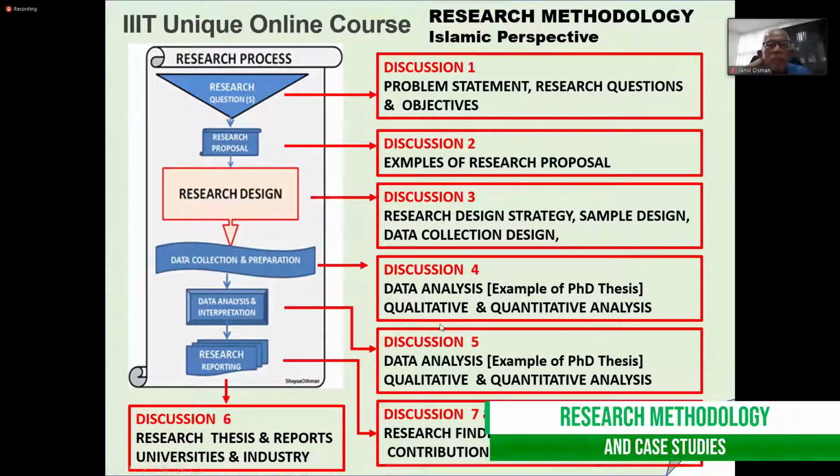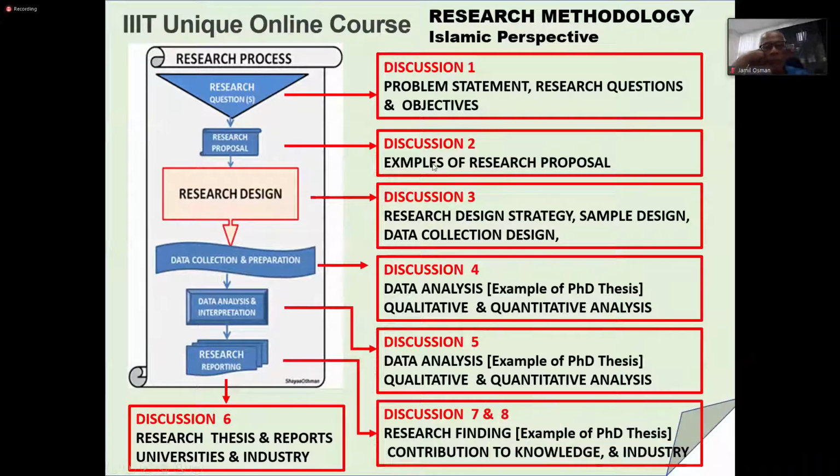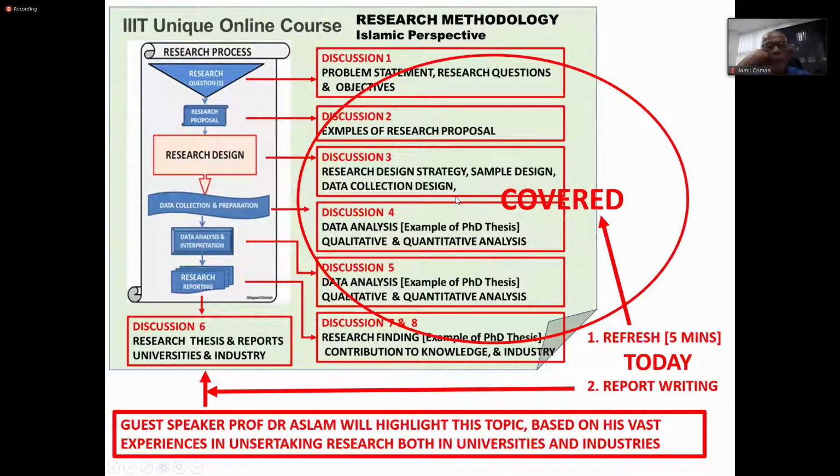Just to give a summary, we have covered in the last few, 5 lectures, problem statement and research question. This is the research process here. We have covered an example of a research proposal. We have covered research design strategy, sample design, data collection design, and data analysis. We gave an example of a PhD thesis on qualitative and quantitative analysis methodology.